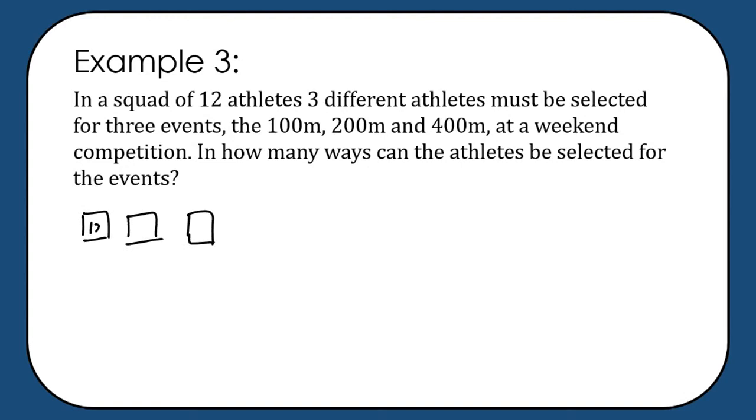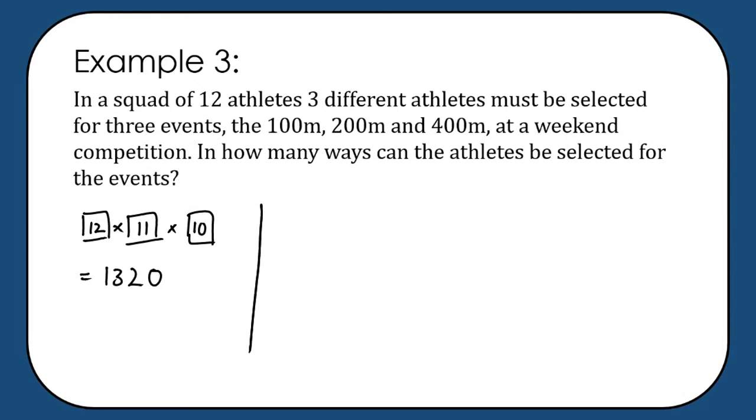There are 12 athletes that could enter the first event. I then have only 11 athletes left to fill the second event because I need to choose 3 different athletes, and 10 athletes left for the third event. We want someone in all 3 events, so we want 12 times 11 times 10, which gives us 1320. So that's the number of different ways we could choose 3 athletes out of the team.